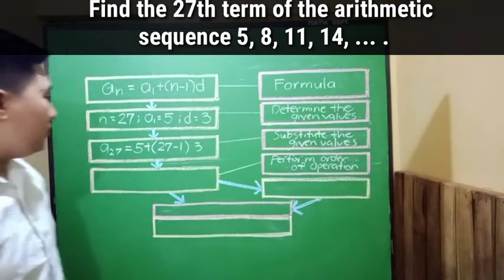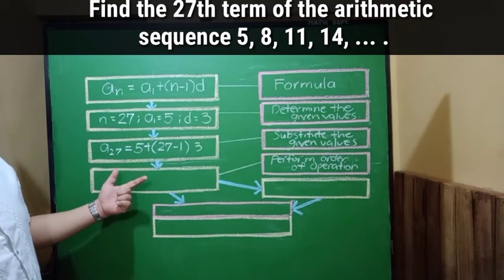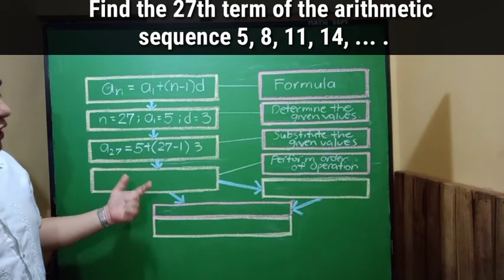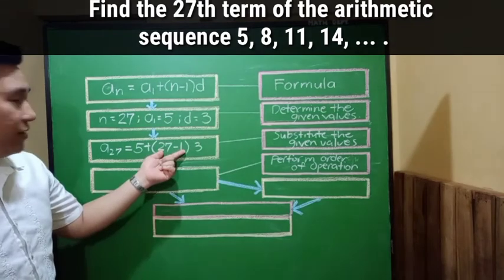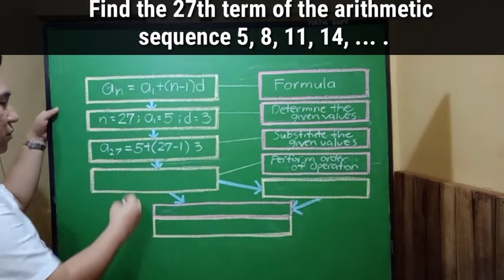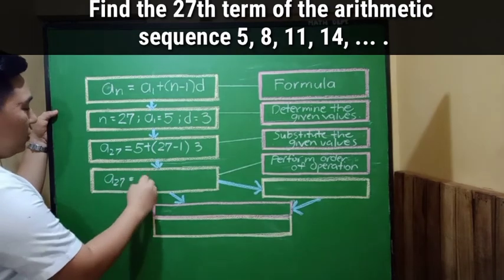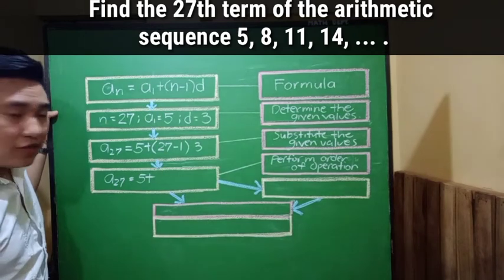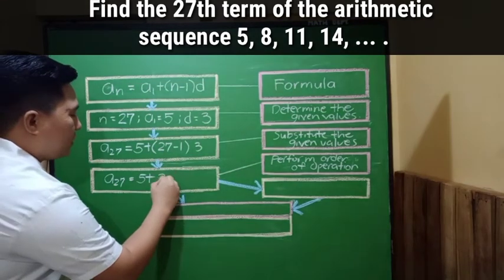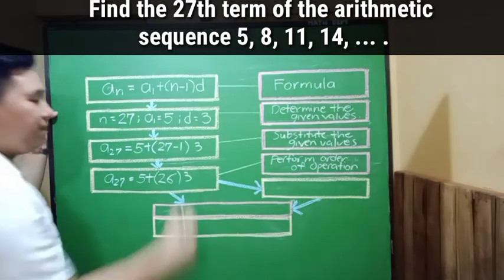So we need to perform the order of operations. Here, we will be evaluating first the terms in the parentheses. So we have a sub 27 is equal to 5 plus, 27 minus 1 is 26, still in the parentheses, times 3.